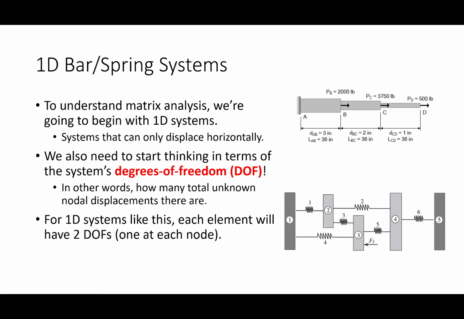This spring, after I apply loads and after I solve the structure, what I propose is that this node, this joint, deflects some, and this joint deflects some. And so maybe I'll call them delta 1, delta 2, okay? In matrix analysis, you directly compute the nodal displacements, and then everywhere in between you interpolate. So really all that matters to fully define the answer is what's going on at the joints, okay?